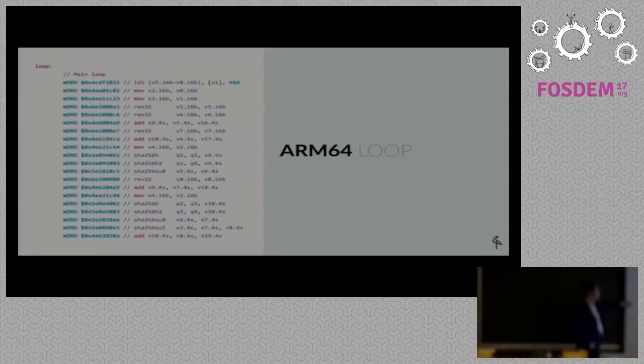and this is sort of the main loop where the hashing is being done. And again here, R1, which is X1, is the pointer to the message. So here the values from the message are being read.